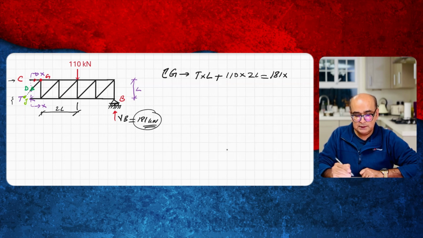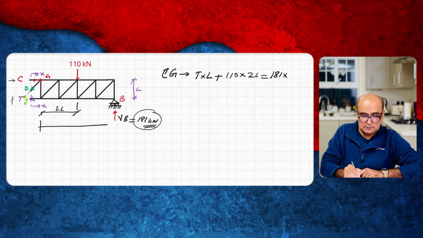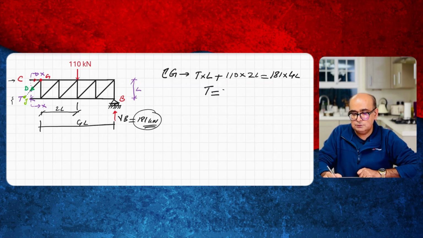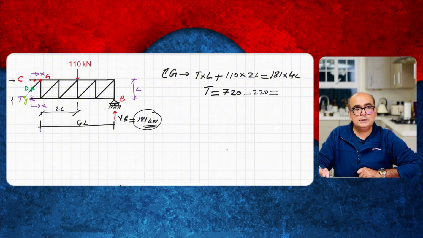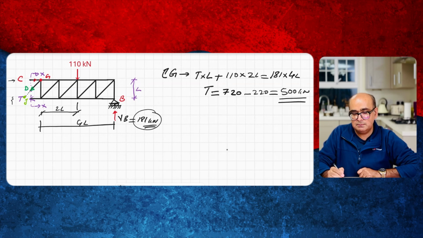The lever arm between B and G is this one, which is 4L. And if you simplify this, you will get the value of T as 720, take away 220, you will get the value of T as 500 kilonewton. Remember, T is tension and C is compression.